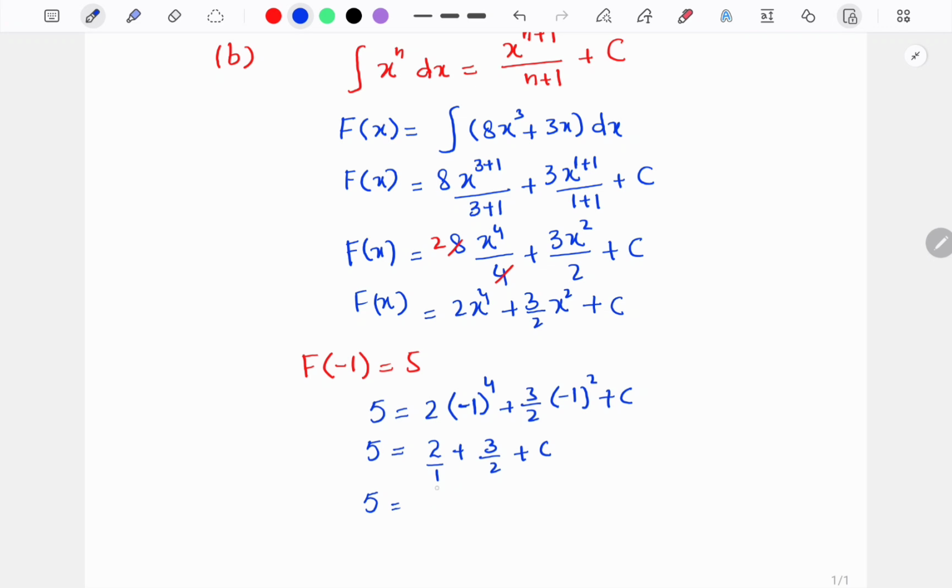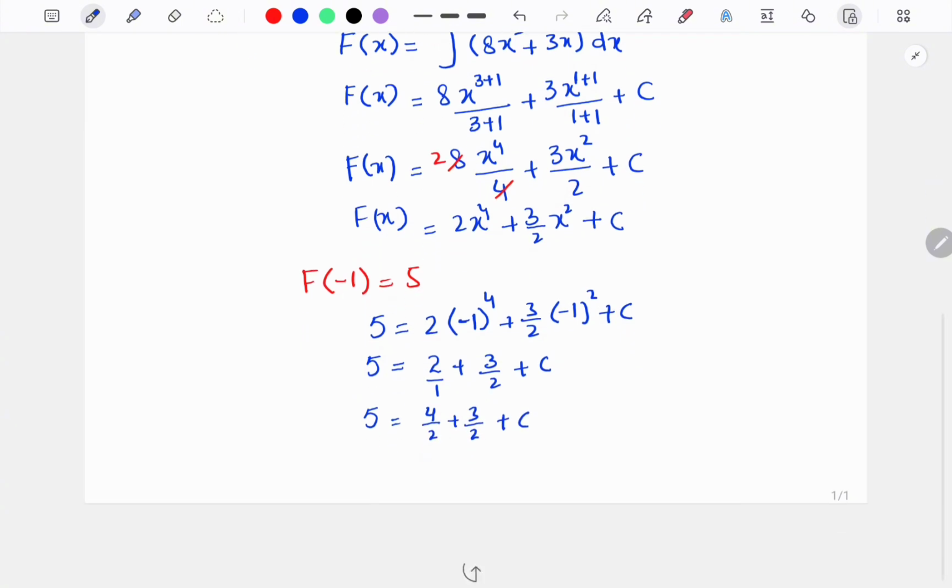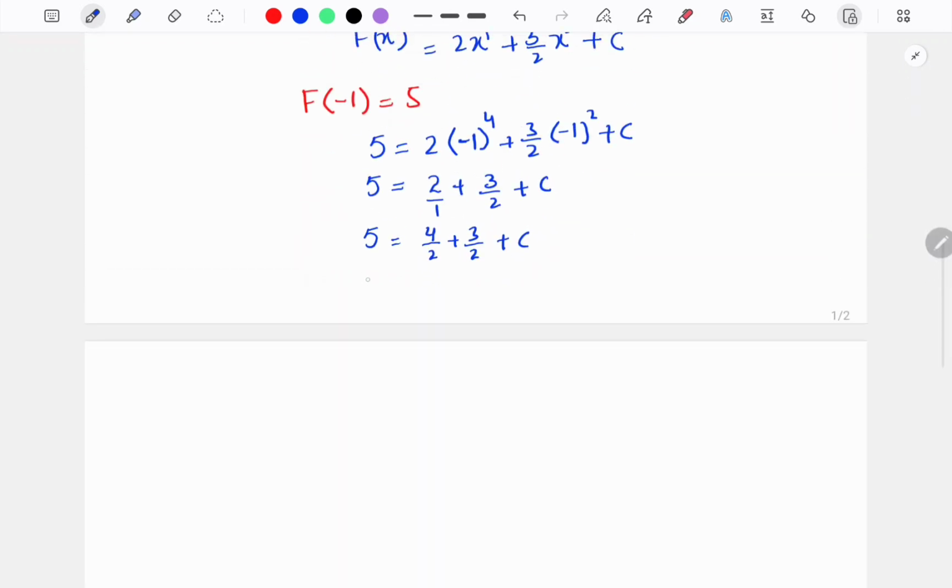If I want to make the denominator the same in both fractions, I will multiply the first fraction by 2 on both numerator and denominator. So it will become 4 over 2 plus 3 over 2 plus c. Now 5 is equal to 7 over 2 plus c.